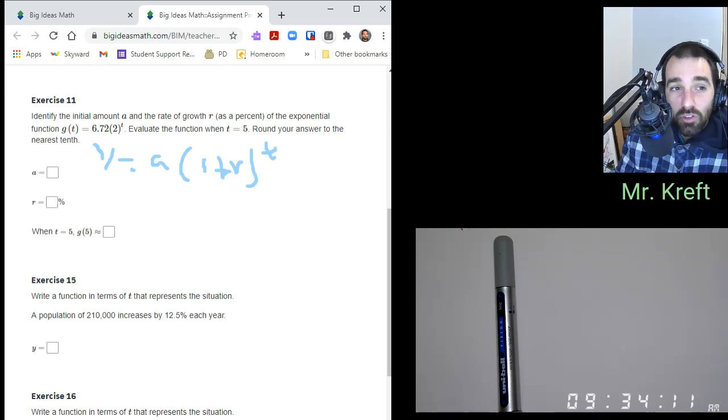A lot of you could probably just look at this and see what plus 1 gives me 2, right? But what's happening here is that 1 plus r equals 2, so r would have to be 1. If we multiply this times 100, we get 100%.